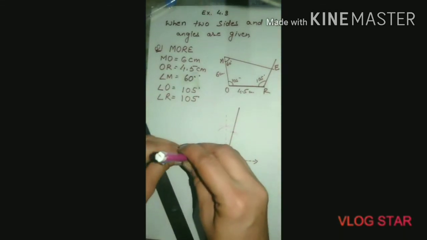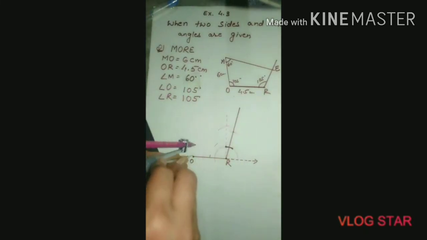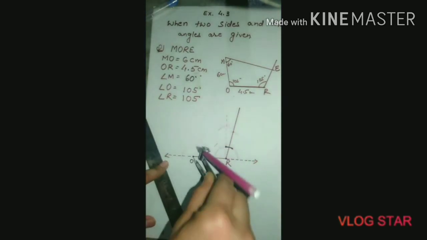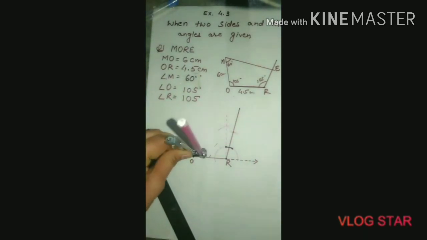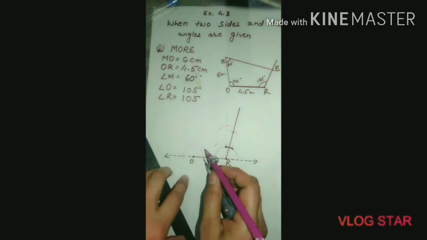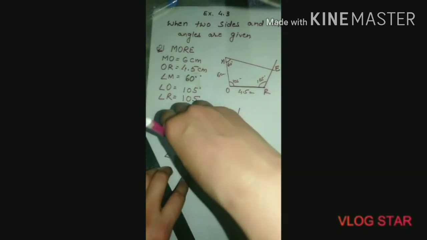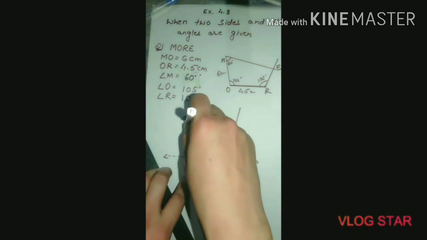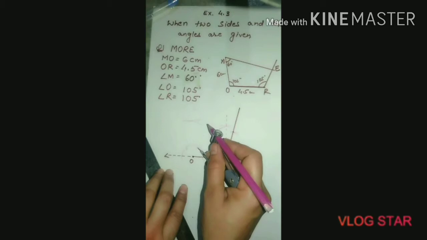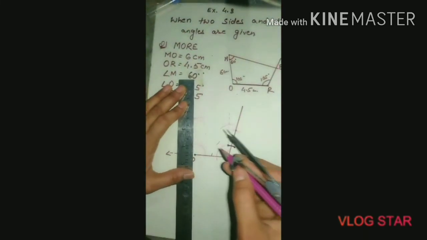First of all, draw 90 degree arc. Then 60 degree arc, 120 degree arc, extend it, draw the arc in this way, and join with the help of dotted line.